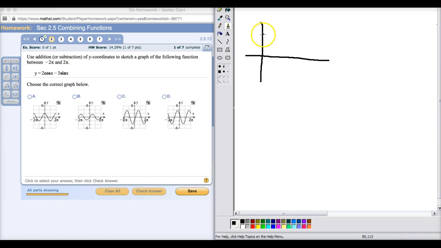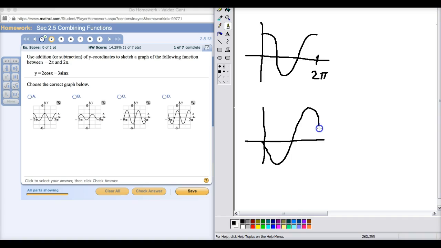So for 2 cosine x, it'll look like our general cosine function, just stretched a little higher. For minus 3 sine x, the graph would look like minus sine x, which would look like this within the fundamental period from 0 to 2 pi.